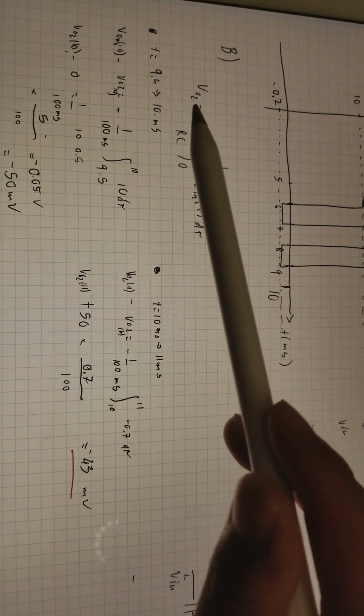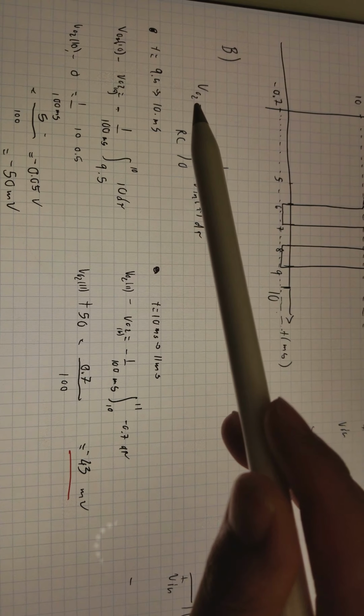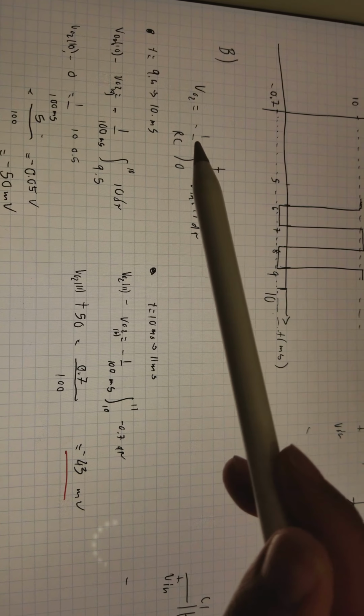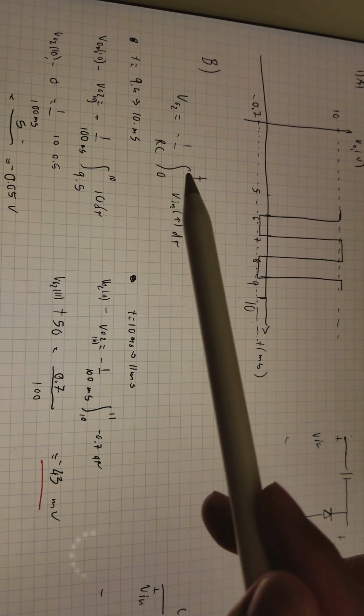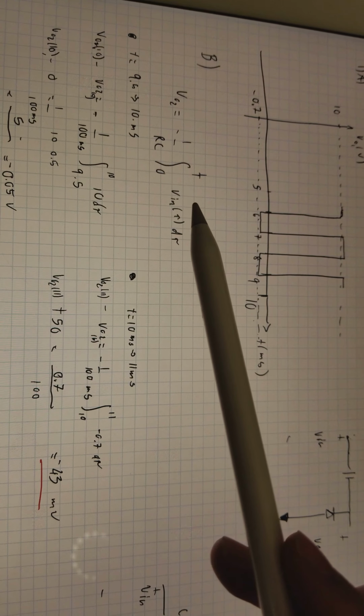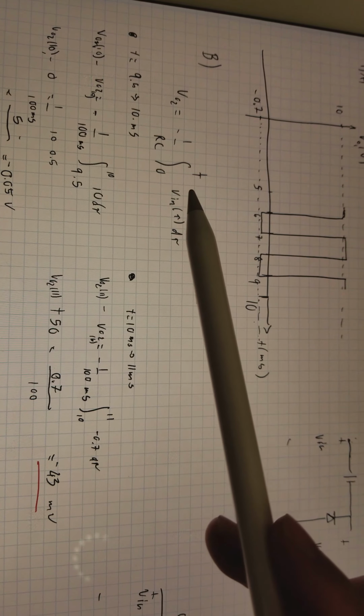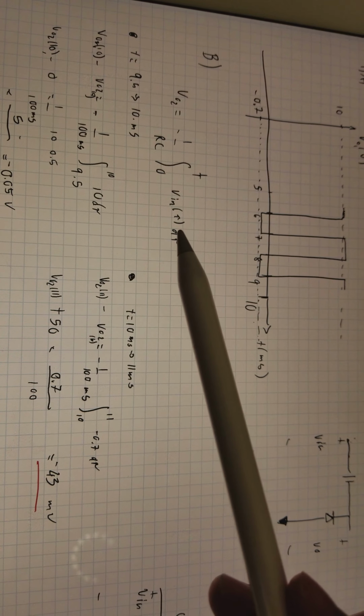V output 2 equals minus 1 over RC, integral from 0 to T of V input, tau d tau.